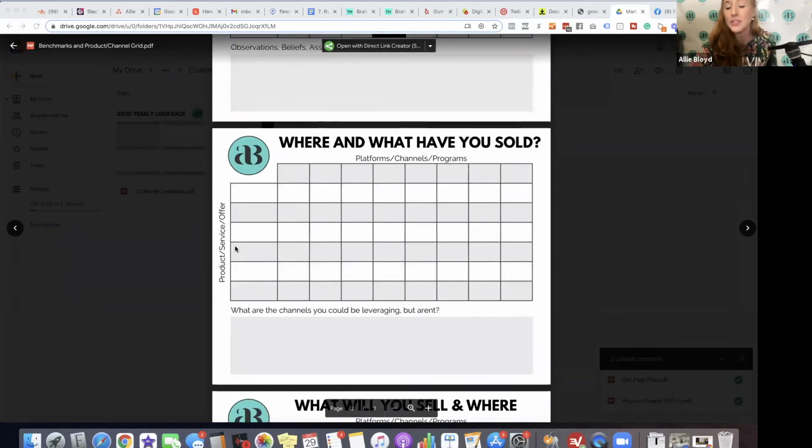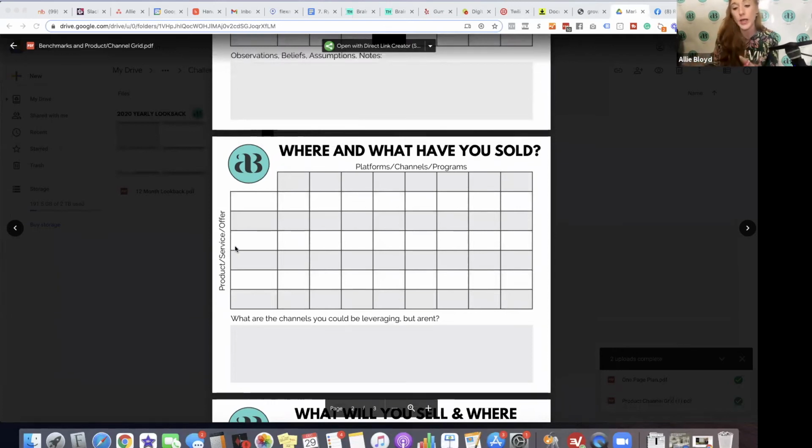So after you do this, and really, again, I want you to go in and dig into the real hard data, but below this chart, I want you to fill in what are some of the channels, platforms, programs, whatever you want to call it, that you have not leveraged in 2020, but you think that could be possible for you?